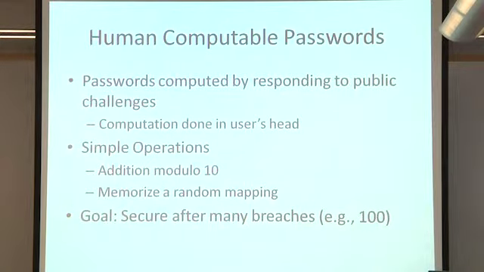And I'm going to ask you to memorize a random mapping, either from characters to digits or from images to digits. These are the only operations that we require a human to do. Our goal is to develop a scheme that's secure after many breaches. This means that even if the adversary has seen many examples of the user's passwords, let's say 100 examples, he still can't predict the next password.